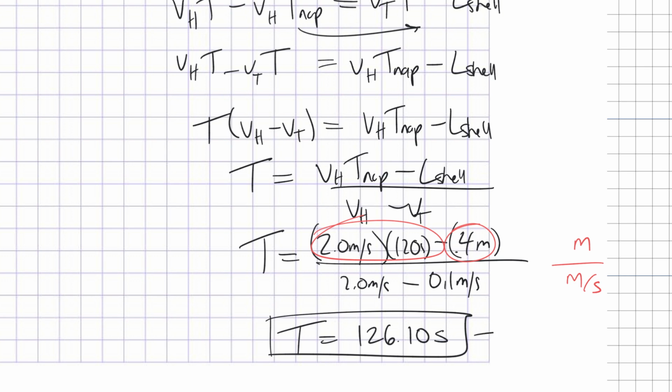Unfortunately, from sig figs, this is a terrible question, right? So from a sig fig standpoint, we've got one sig fig here, we've got one here. So technically, we've got one decimal place on the bottom. So this is 1.9 on the bottom. On the top, we're going to have, what was that? 2 times 120.